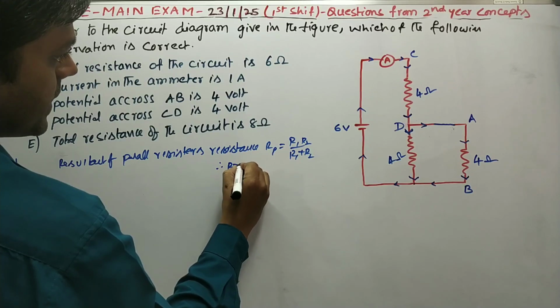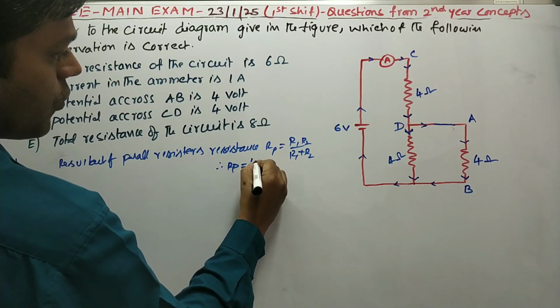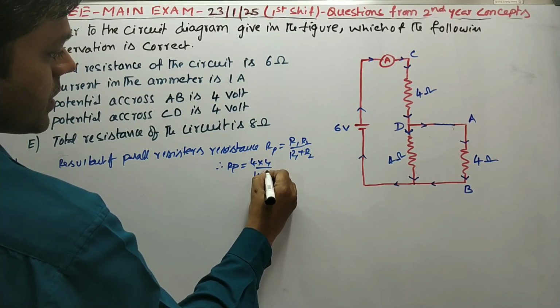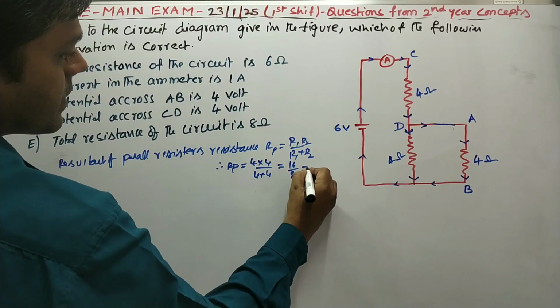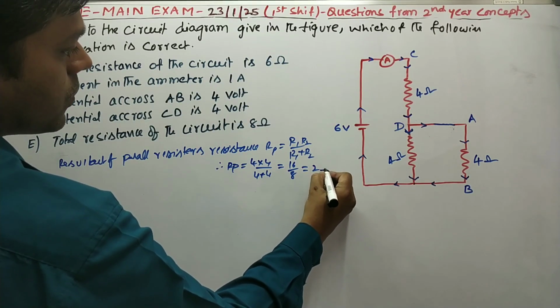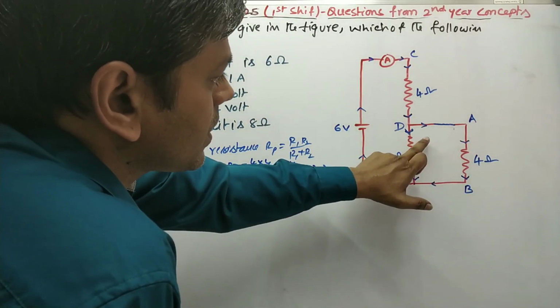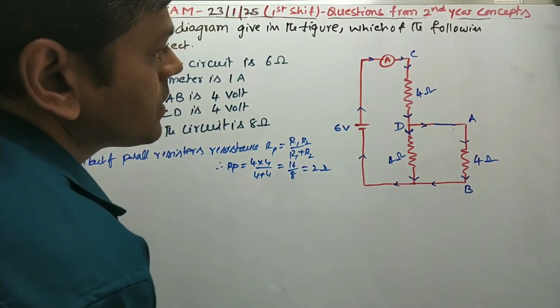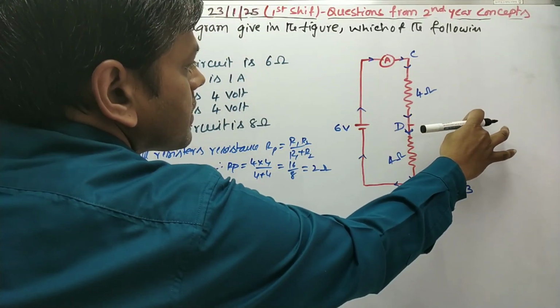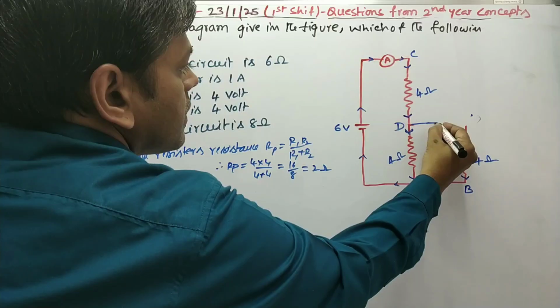Therefore Rp is equal to 4 into 4 by 4 plus 4, which is 16 by 8, that means 2 ohm. So I would like to replace this whole resistor by this.